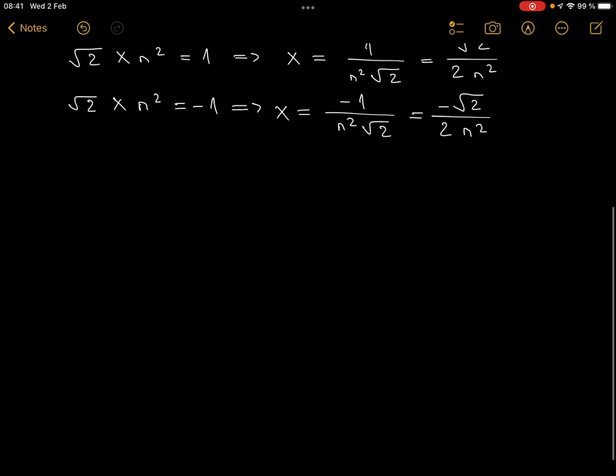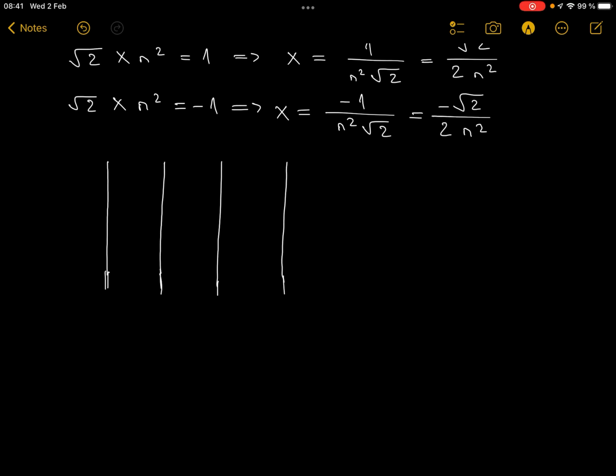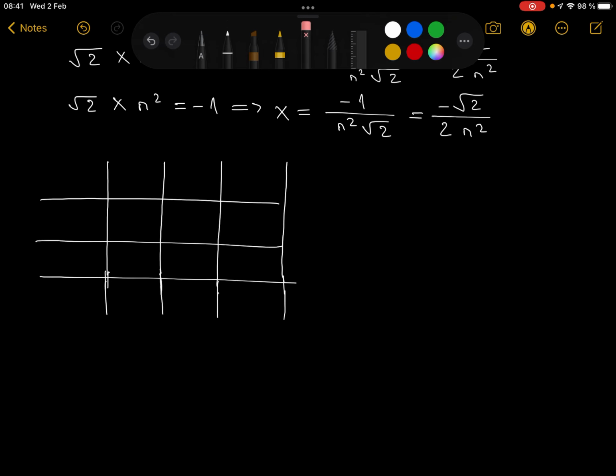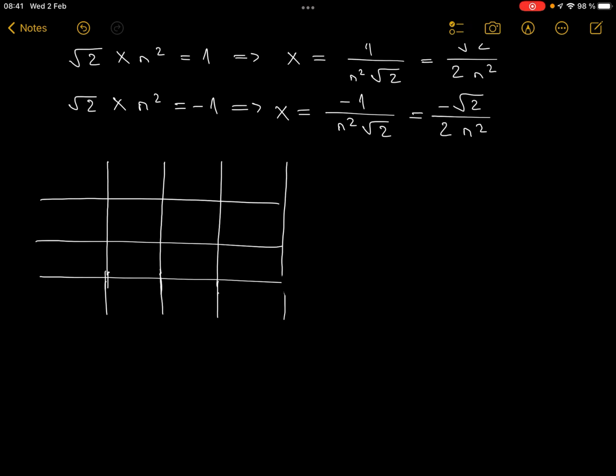Okay, now we've got two stationary points, so let's go ahead and draw a table to see whether these stationary points are minima or maxima. Here we've got negative infinity.